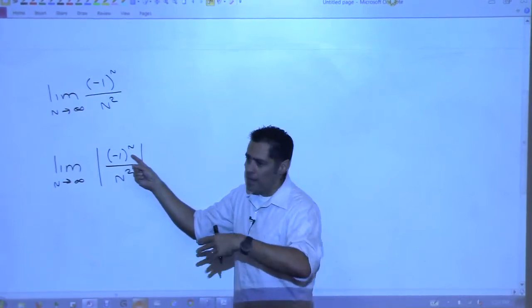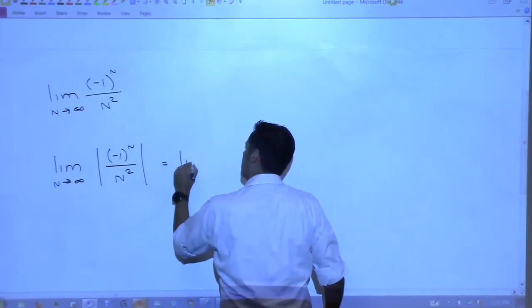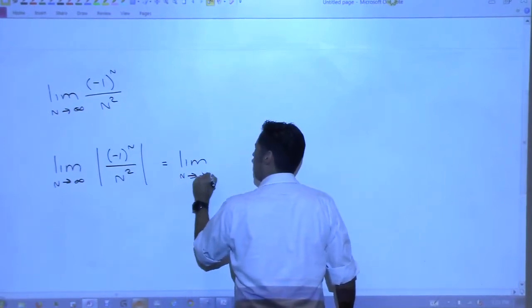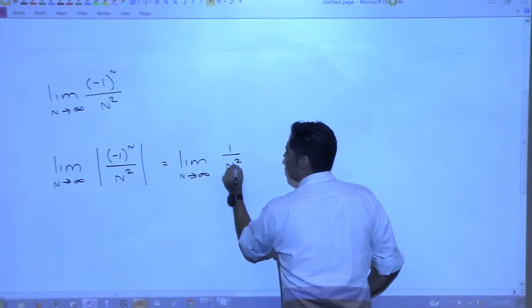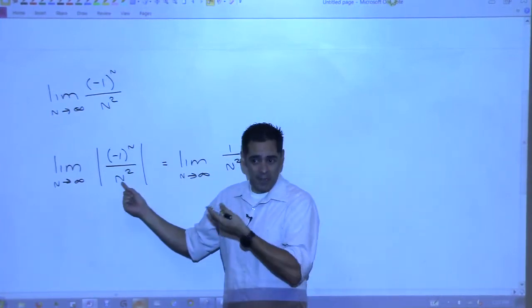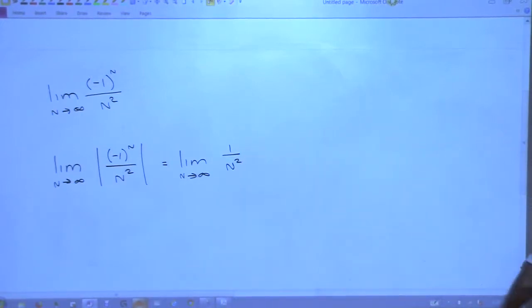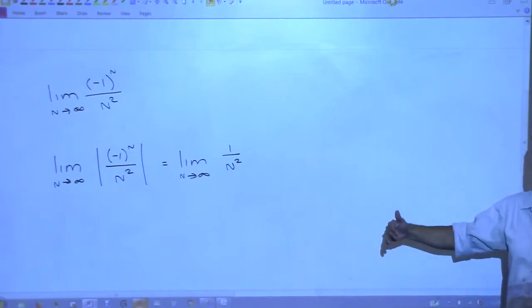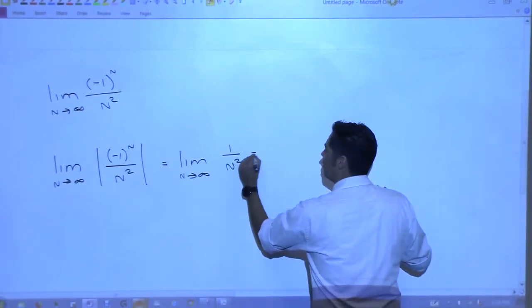And when I take the absolute value, it's just going to be 1. So this is equivalent to the limit as n goes to infinity of just 1 over n squared, right? And we don't need the absolute value on the bottom because n is already being squared, so we know it's positive. And that limit you can do just by looking, right? It's fixed over infinity. That's going to go to 0.